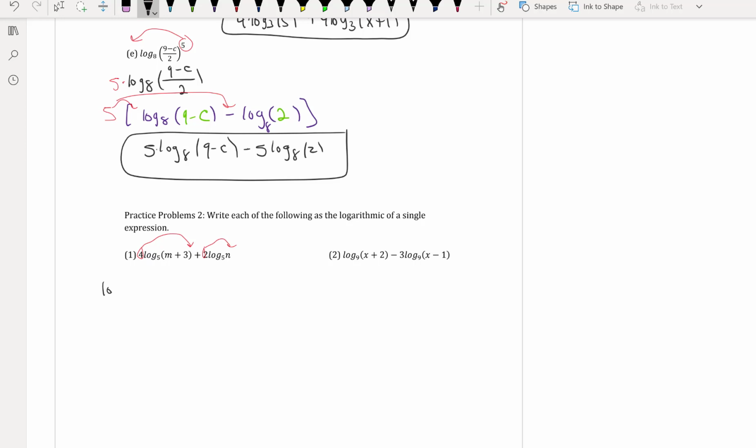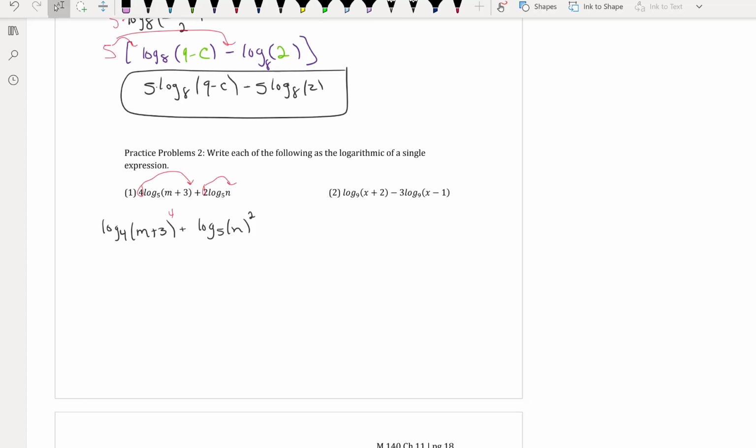So I'm going to have log base 4 of m plus 3 to the 4th power plus log base 5 of n to the 2nd power. The next thing that I'm going to notice is that this is multiplication.